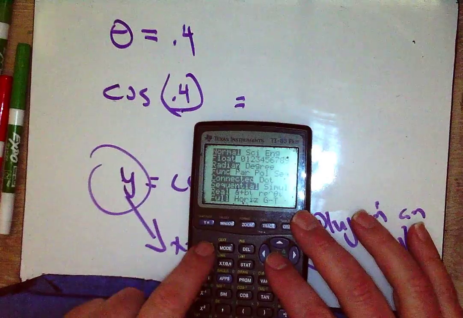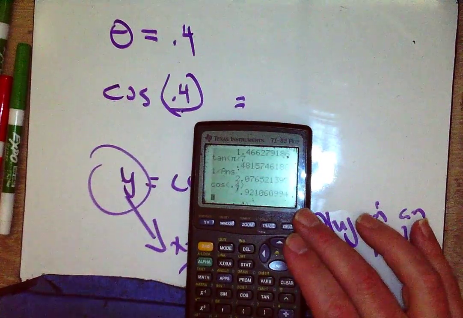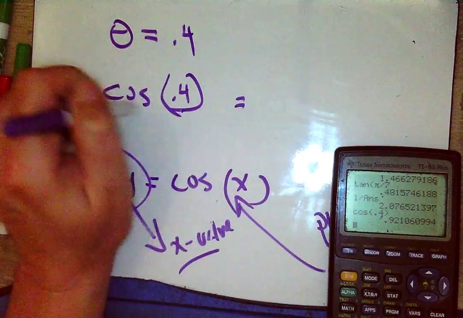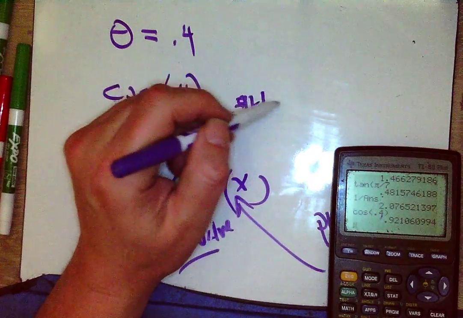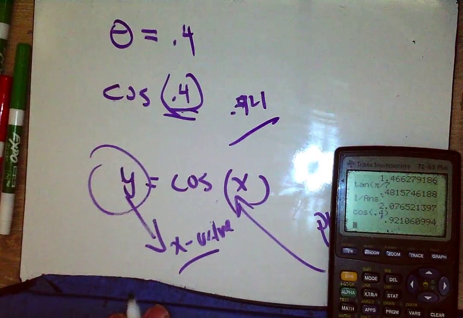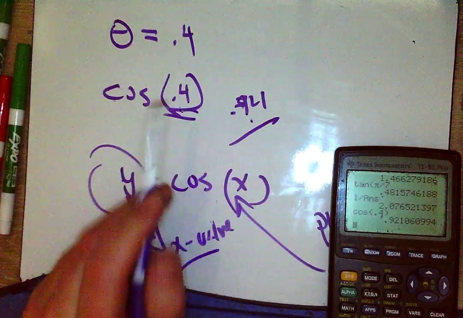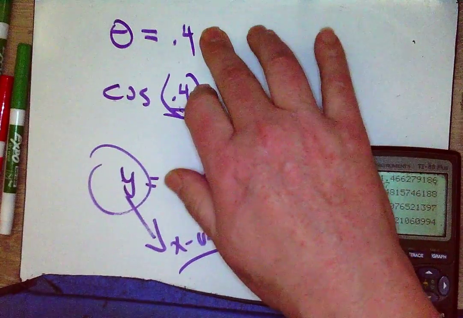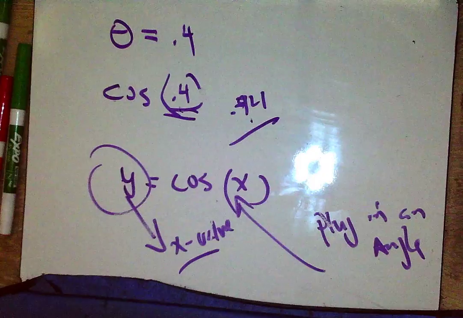So I want cosine of 0.4. There you go. Cosine of 0.4, or the x value for this angle, is 0.921. And of course I'm rounding to 3 decimal places. Good. Don't be freaked out. This is radians. Do make sure that your calculator is set on the unit that it's supposed to be.